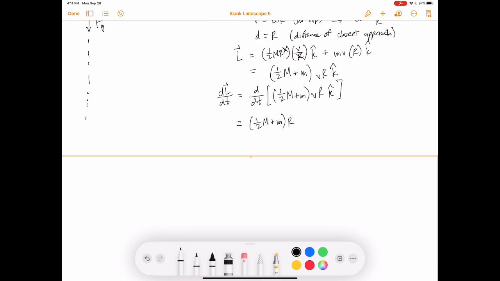We have the radius of the disk, and also k hat. These are all constants. The only thing left that we actually need to take a derivative of is v, we're just left with dv dt, which, by the way, that's the acceleration of the hanging mass. So we can call that a.